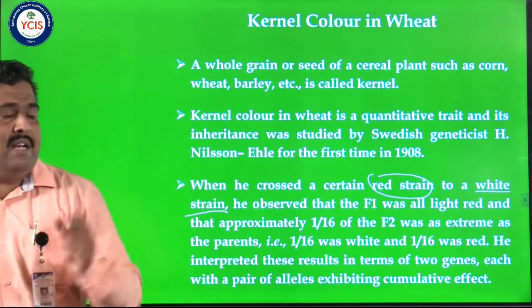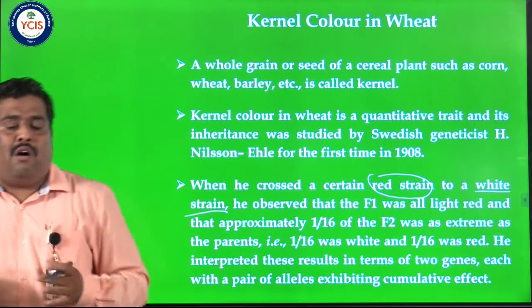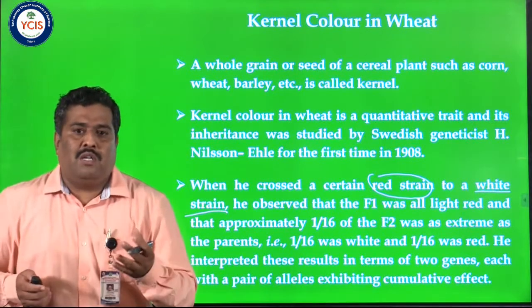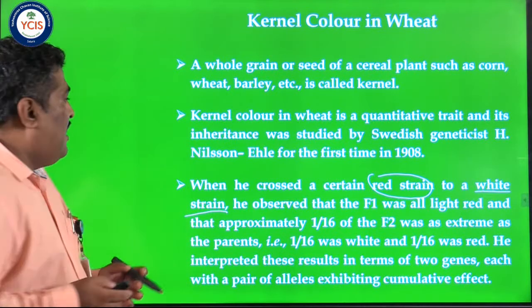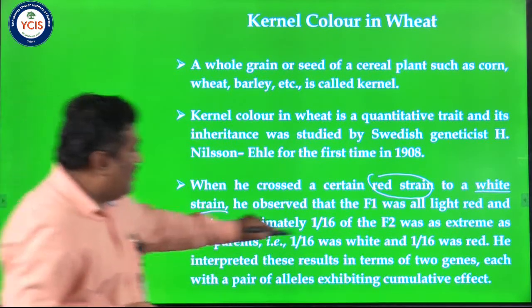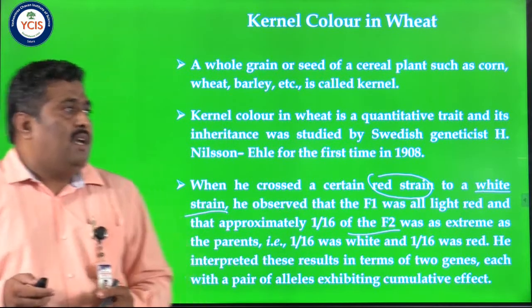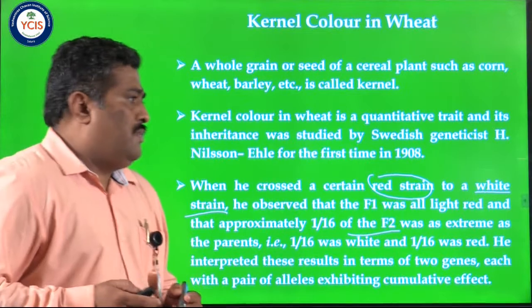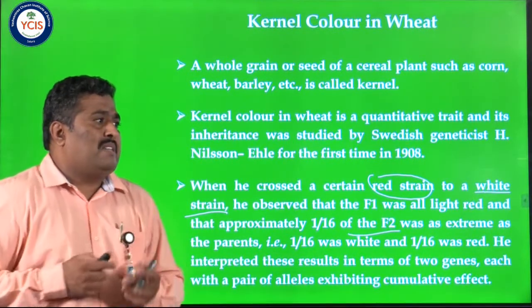He observed that all the F1 were light red in color. When he observed the F2 generation, it included extremes like the parents, that is, 1/16 was white and 1/16 was red.